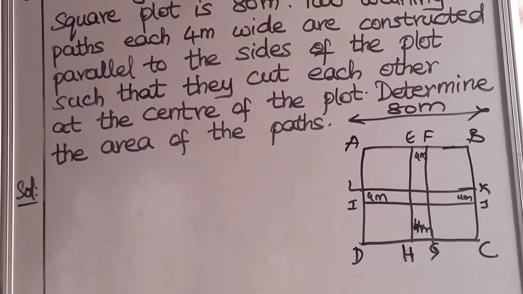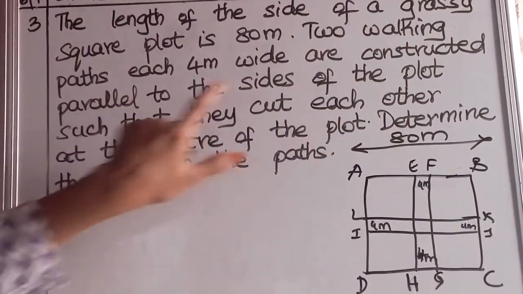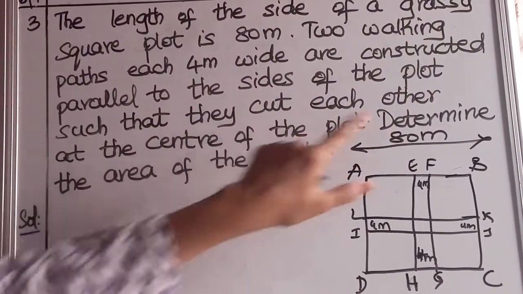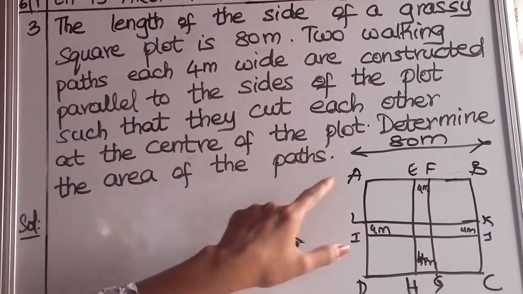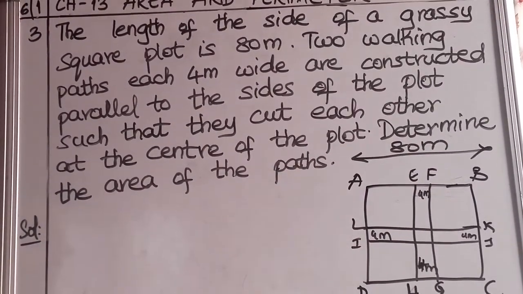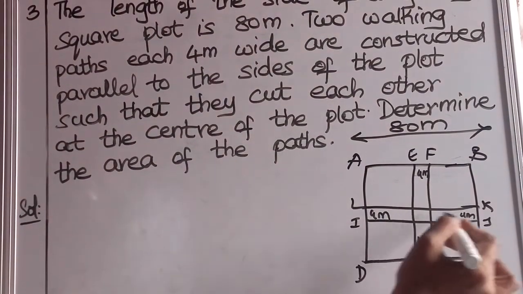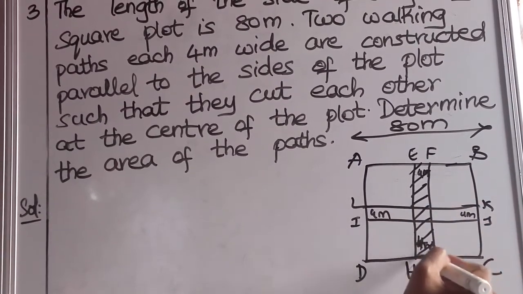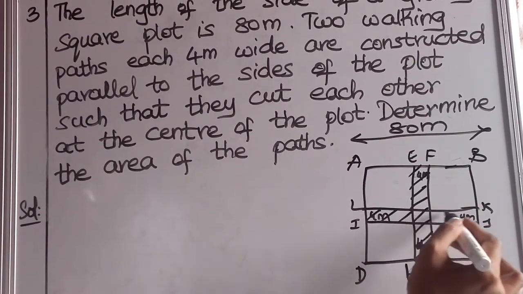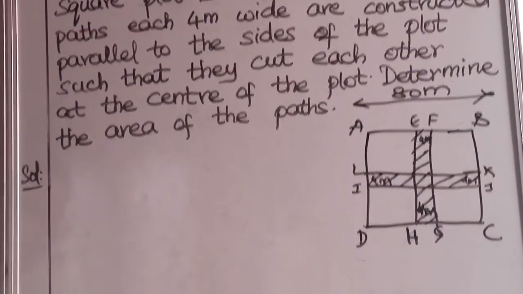Now 4 meters wide are constructed parallel to the sides of the plot such that they cut each other at the center of the plot. Determine the area of the path. So this region we have to find out. This plus region is there now. This part we have to find out what is the area.